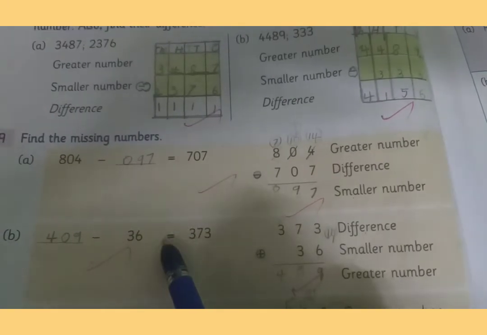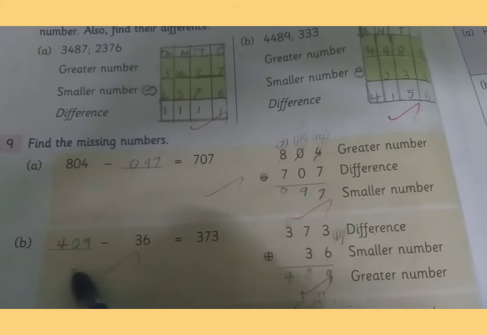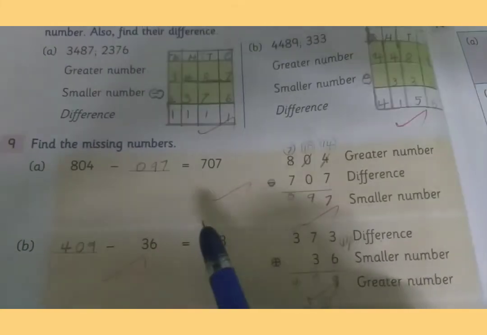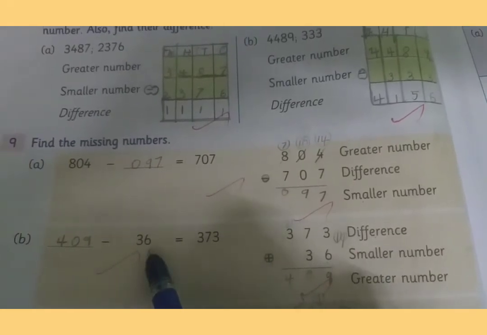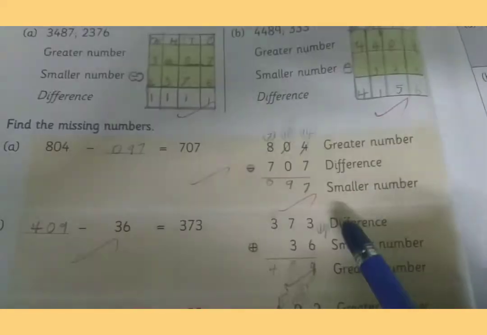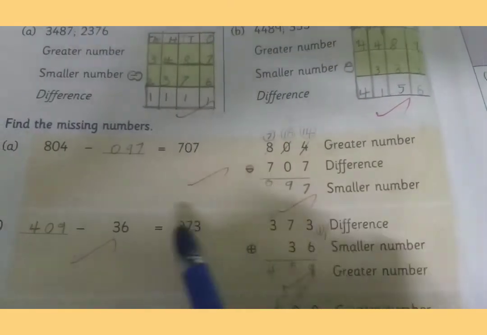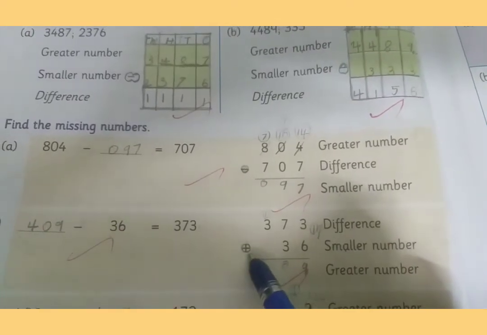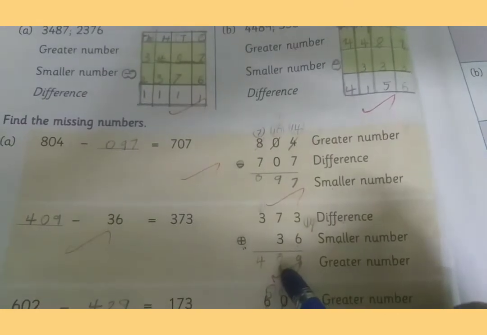When the question is to find out the greatest number, you should write the difference number and also write the smallest number and find the sum with plus. You should add this sum and find out the greatest number.